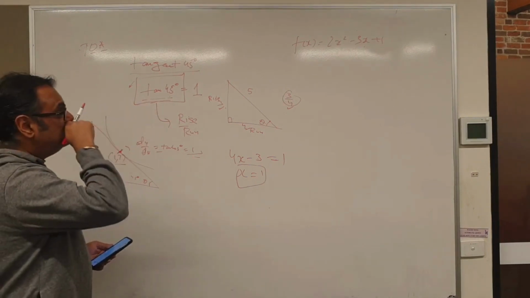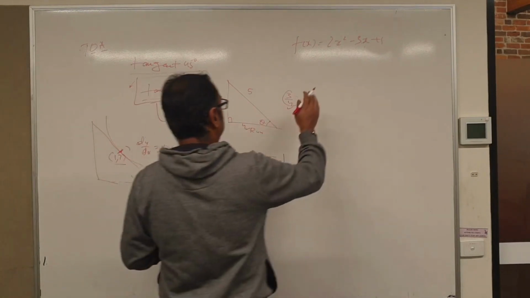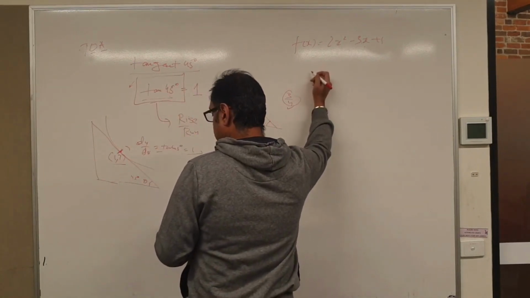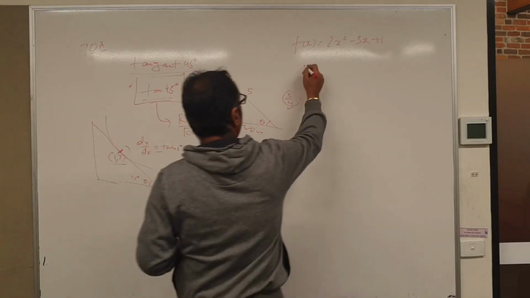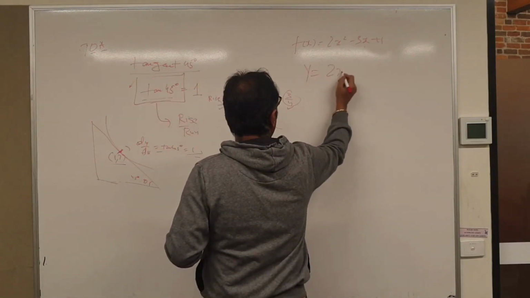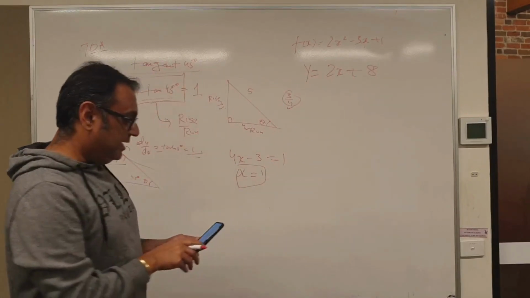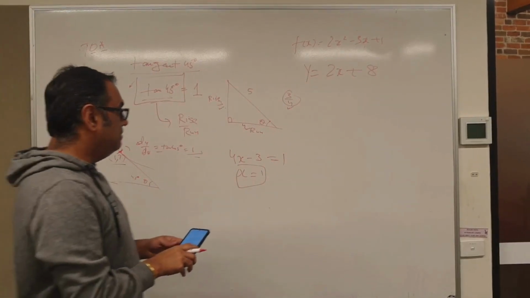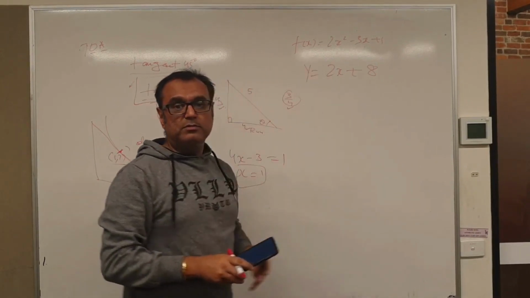What's the line which this is parallel to? So what's the line? Can you just read me through the line? Is it asking for a line or what? Y equals 2x plus 8. So we're saying that this line is parallel to this line, or what? What are we saying in the question?